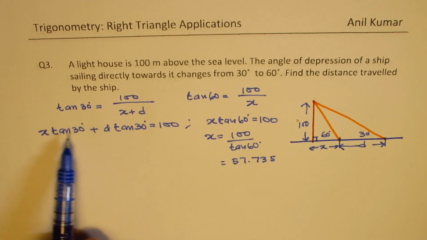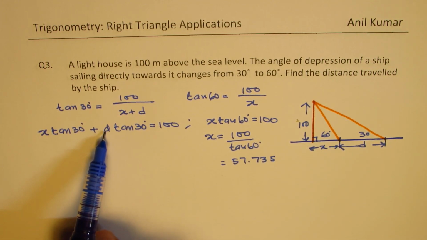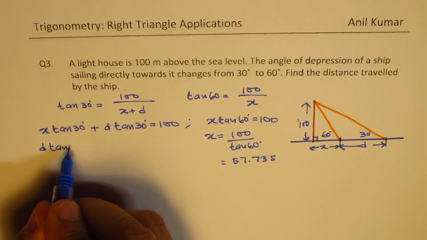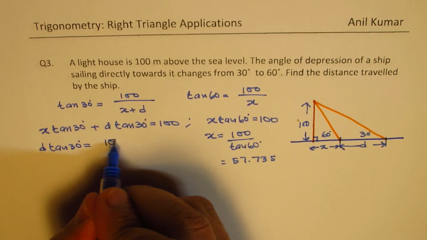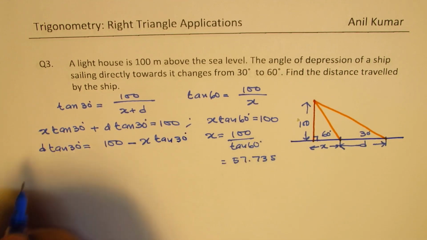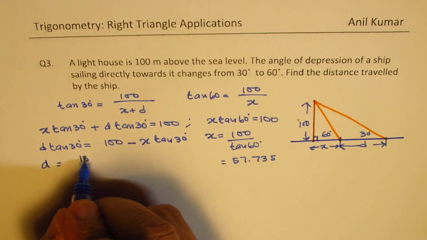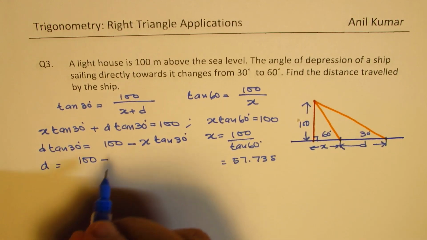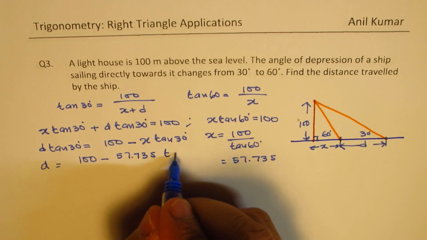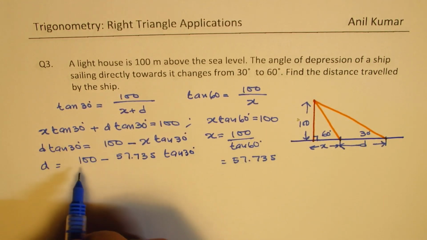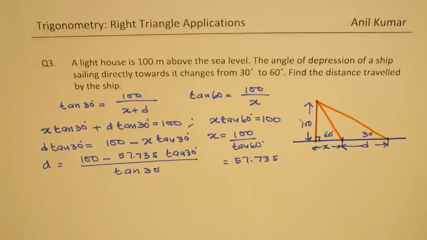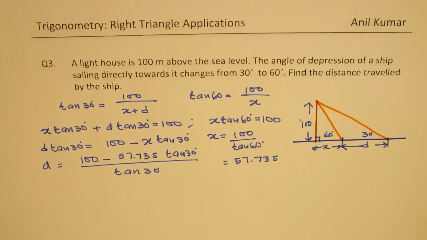Substituting here, we can get the value of d, right? So let us isolate d first. So we can say d tan 30 degrees is equal to 100 minus x tan 30 degrees, and so d is equal to 100 minus x, we write as 57.735, times tan of 30 degrees, divided by tan of 30 degrees. Is that clear to you, right? So let's use calculator to find this.